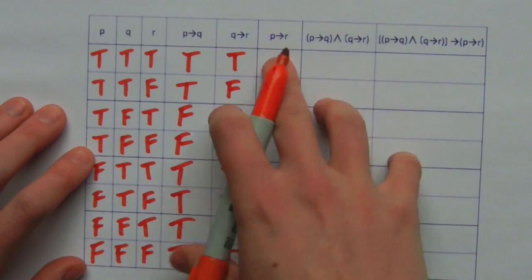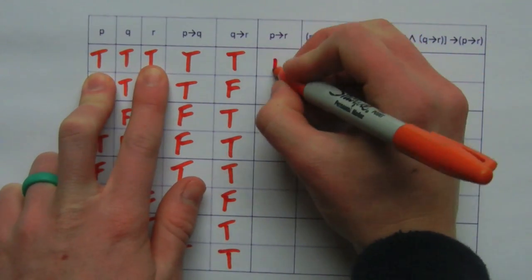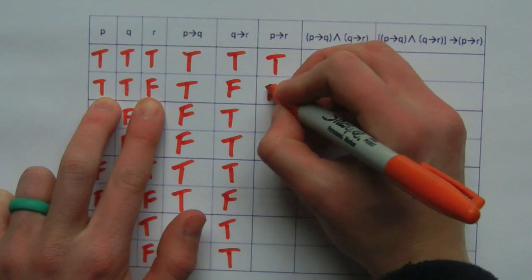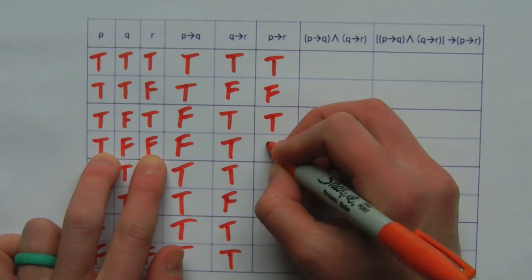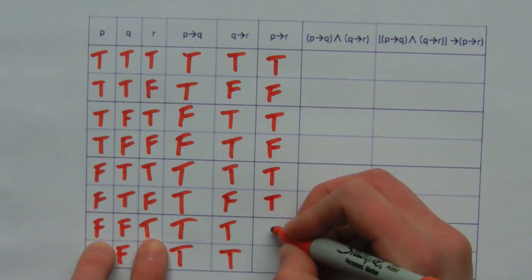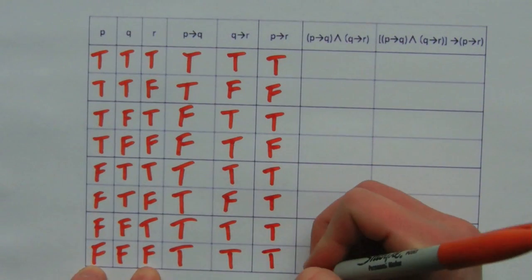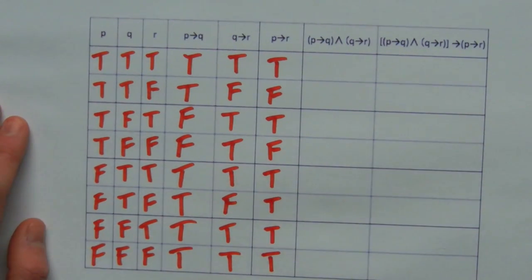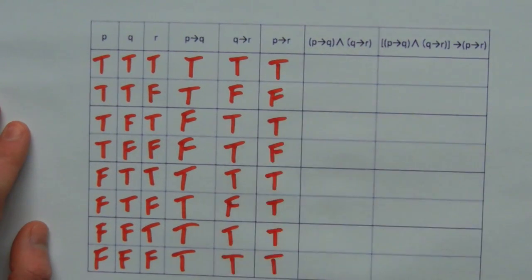And then we're going to look at P implies R. So that's true, false, true, false, true, true, true, and true. So notice each of them have 2 areas where they're false.